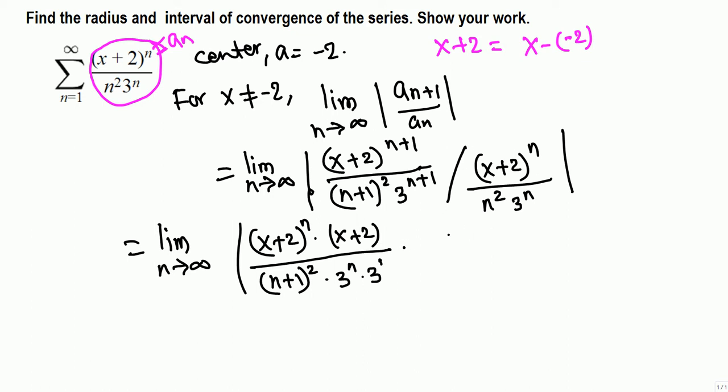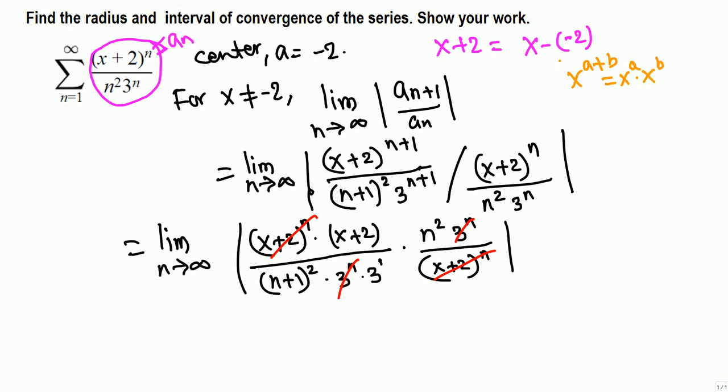We flip the fraction, so n squared 3^n over (x plus 2)^n. Now we can cancel a couple of things: (x plus 2)^n and 3^n cancel. We use the fact that x raised to a plus b is the same as x^a times x^b, so that we can cancel.